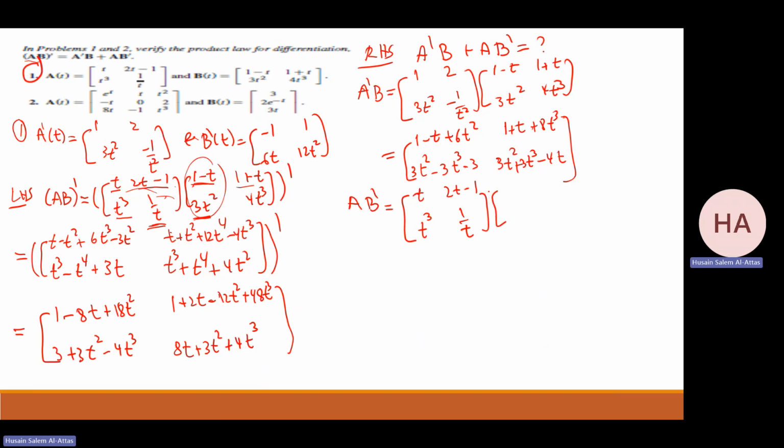This is B prime: minus 1, 1, 6t, 12t squared. Let me do the calculation. That will be what? This times this, that is minus t plus 12t squared plus 12t squared. Yeah, minus 6t.